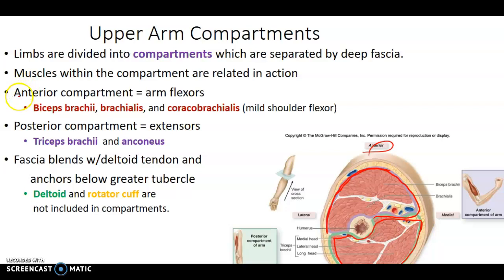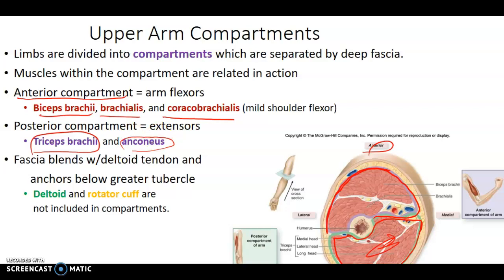Now, the anterior compartment of the upper arm has the biceps brachii, the brachialis, and the coracobrachialis. Whereas the posterior compartment has mostly the triceps brachii. It's taking up most of the back of your arm. It has the anconeus. I swear that muscle doesn't exist, but it actually does.